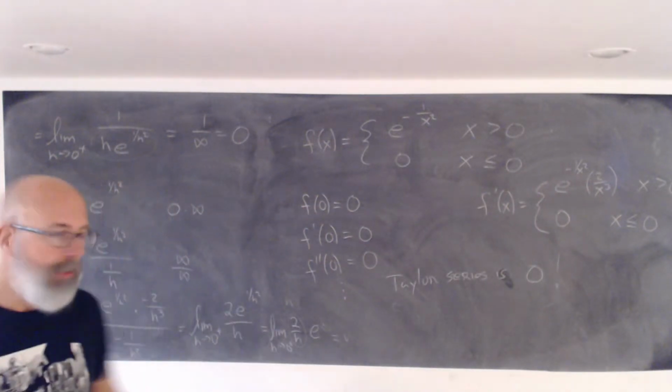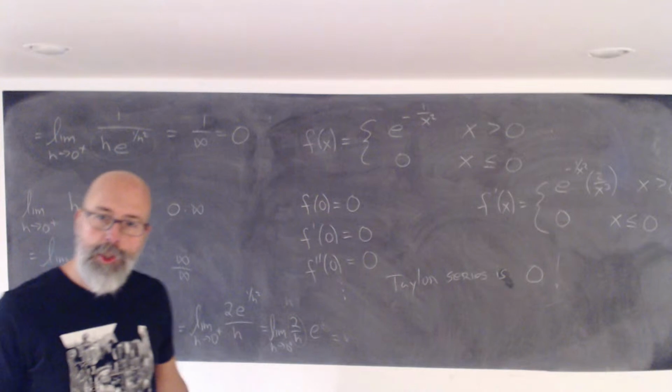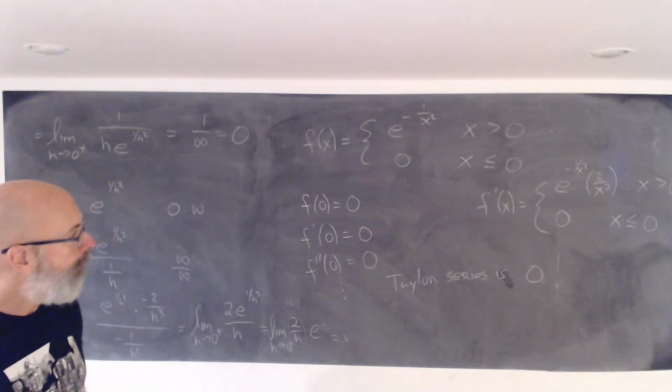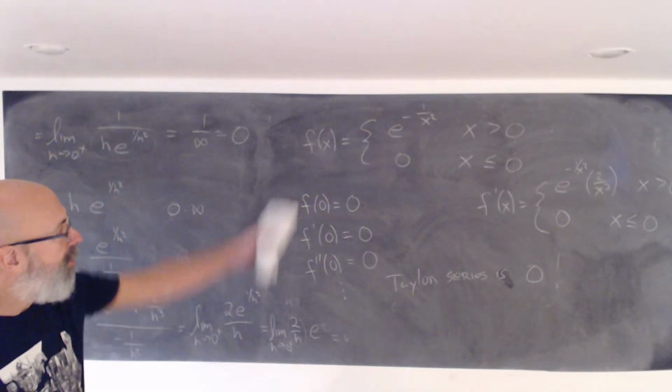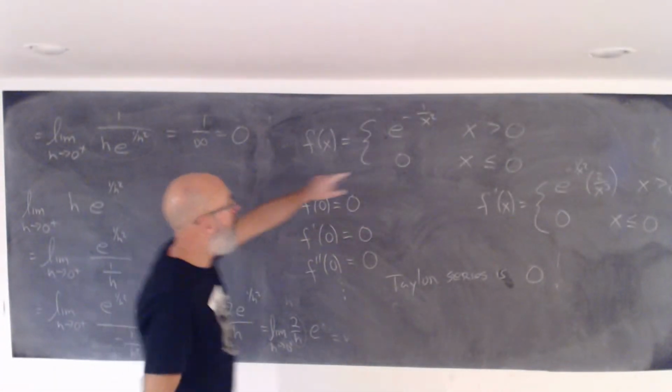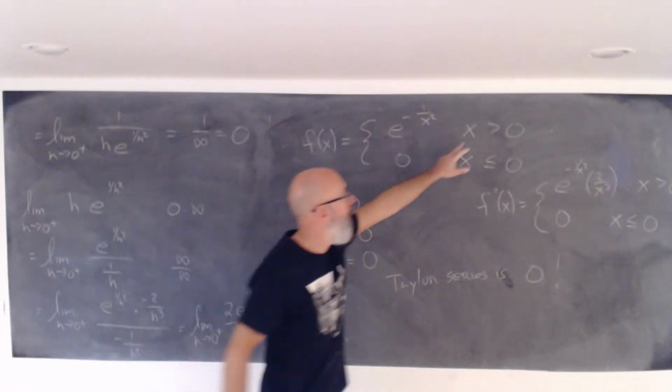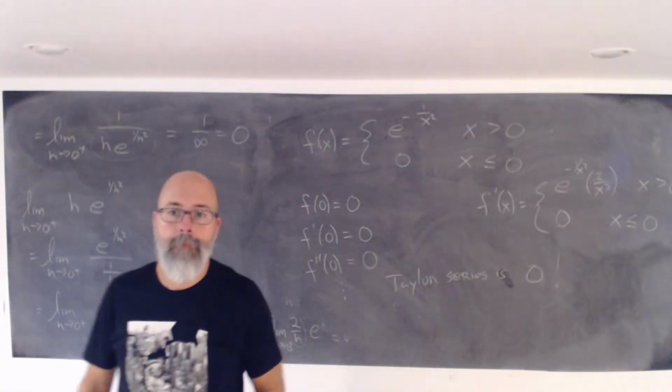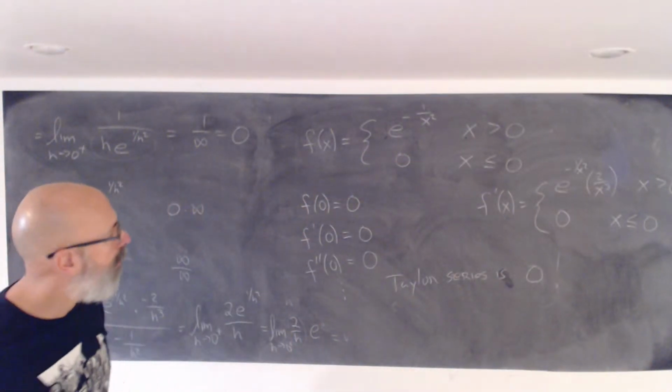And that series, of course, converges everywhere. But it does not converge to this function for values bigger than 0. That's what's happening.